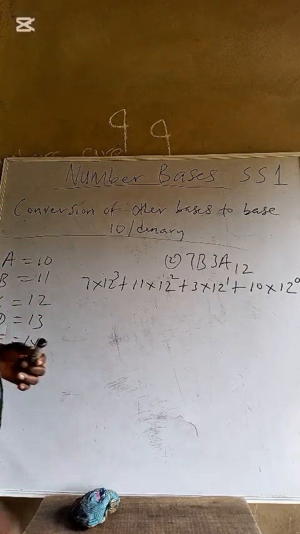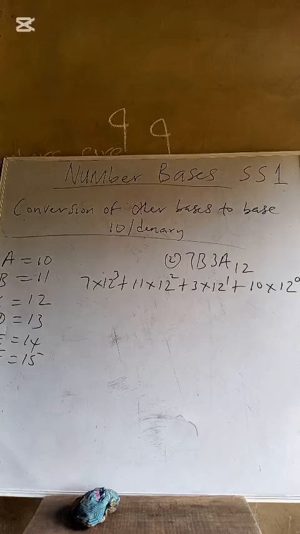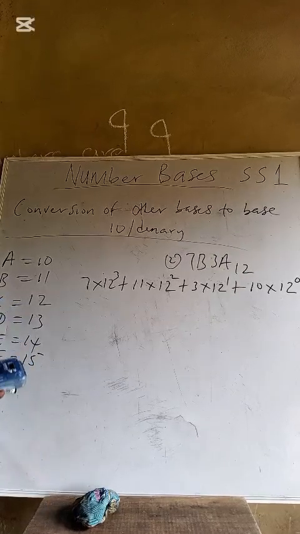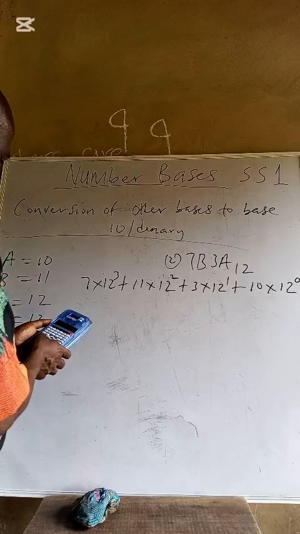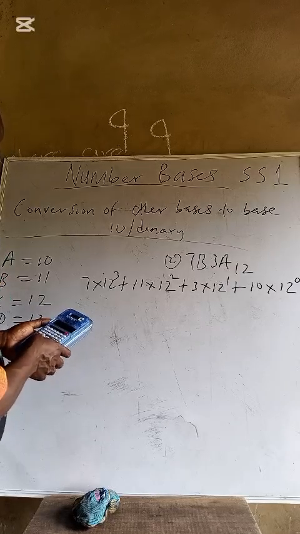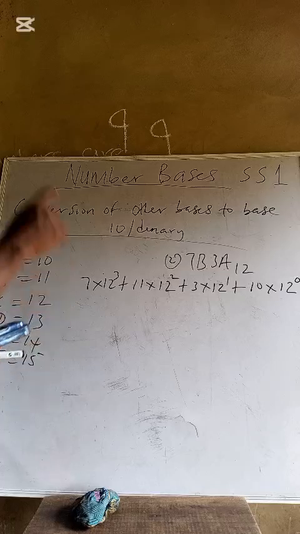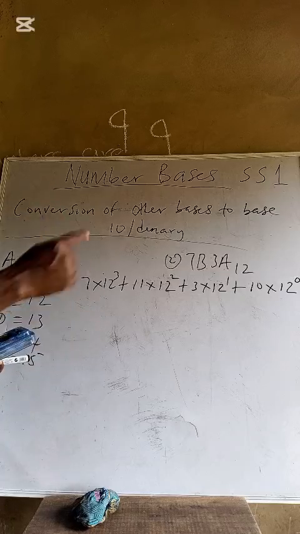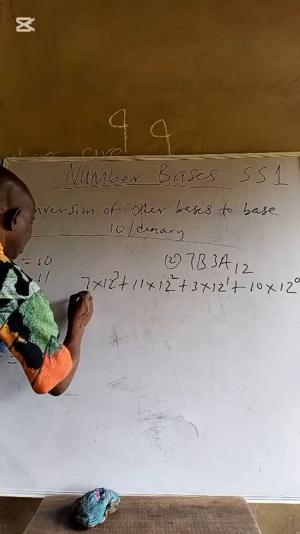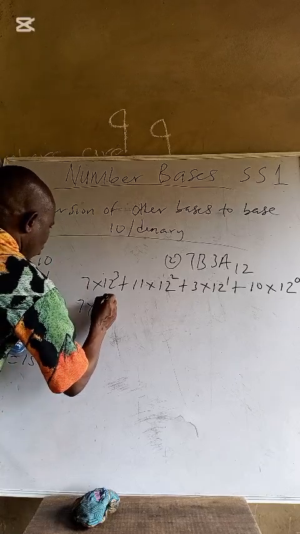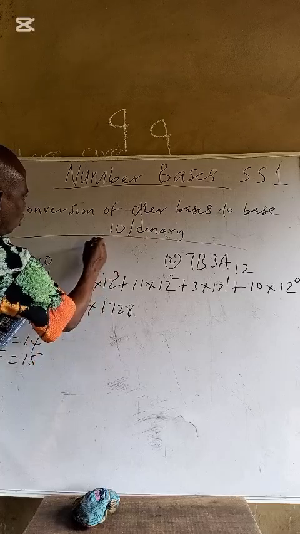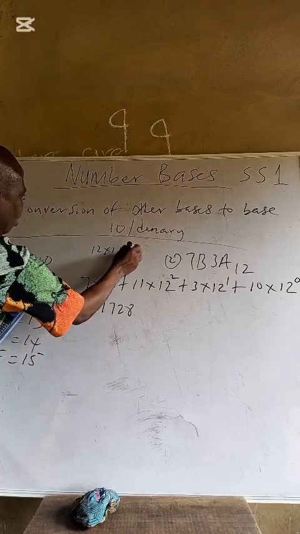Then you can use a calculator. In SS class, you are permitted to use a calculator to press 12 raised to power 3, or 12 times 12 times 12. I think you have 1728. That's 7 times 1728, which means instead of 12, you have 12 times 12 times 12.